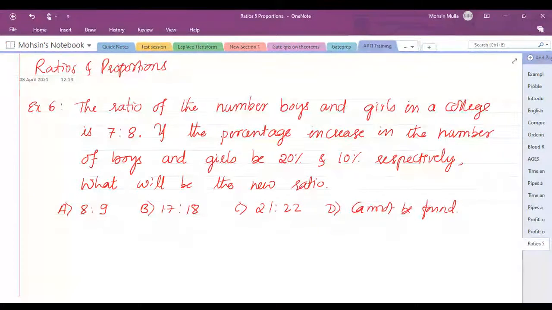In the same way, here you have to take the percentage increase in the number of boys and girls and take the ratio. Automatically you will get the required answer. Anybody got the answer?